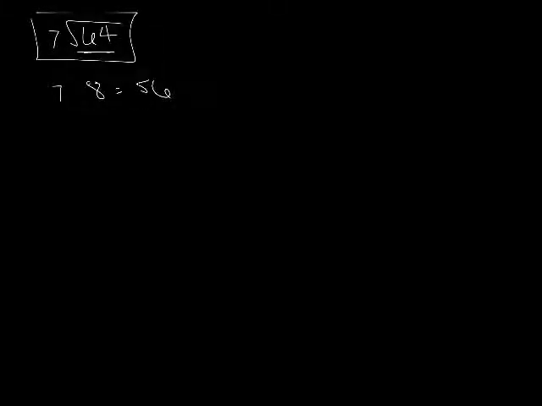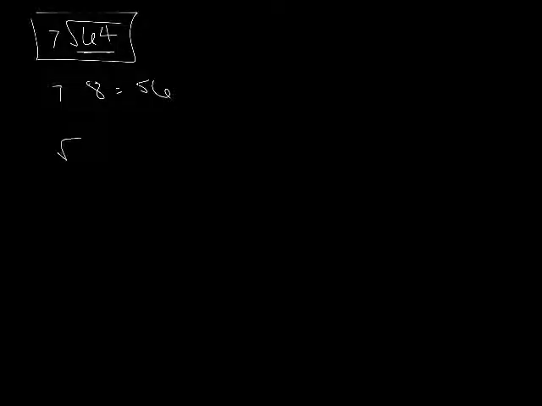In example 1, it tells us 7 square root of 64, which means 7 times the square root of 64. So we find the square root of 64. What number times itself is going to give me 64? That's 8. We multiply 7 times it, and we get 56. So 7 times the square root of 64 is 56.